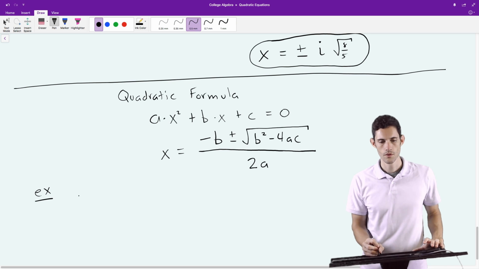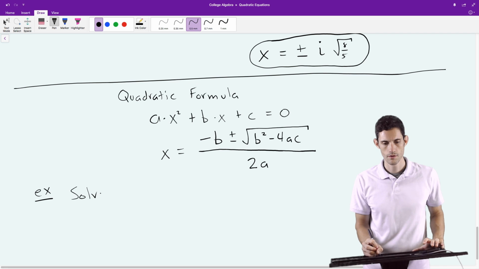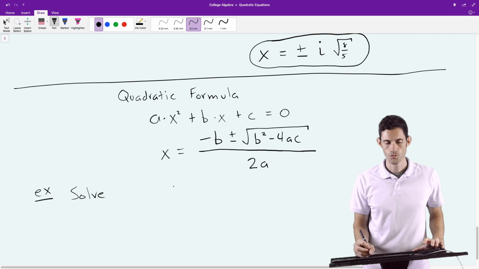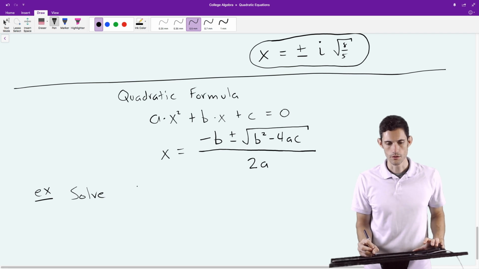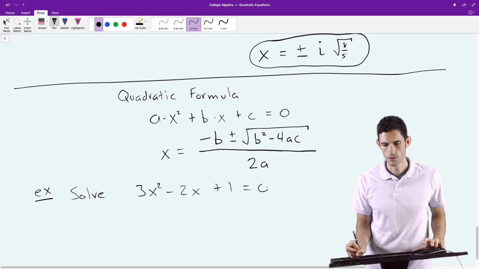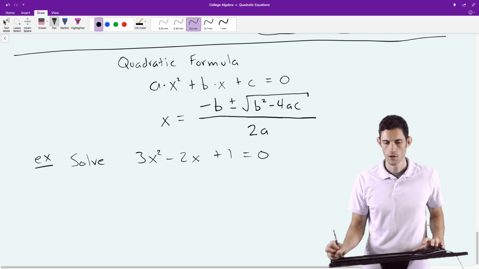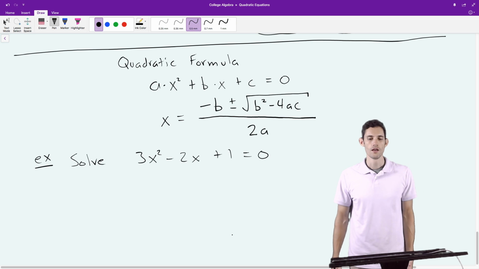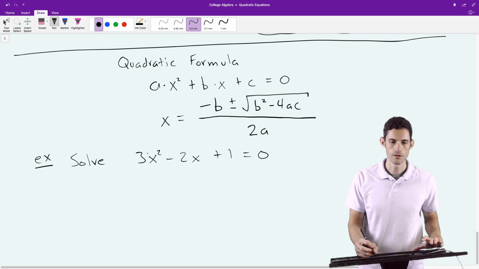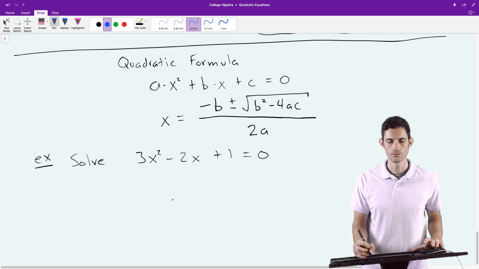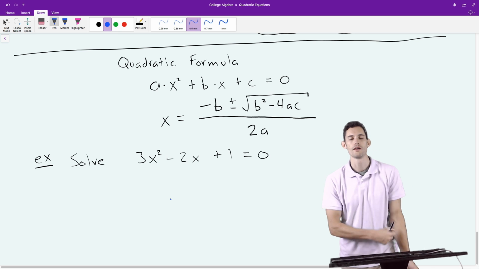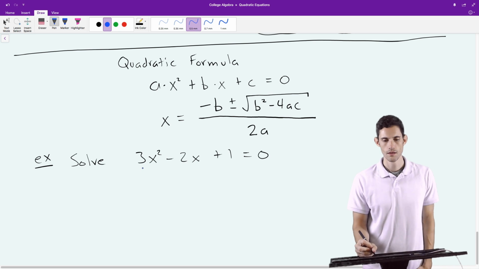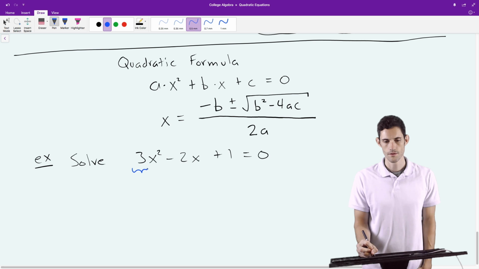For example, solve 3x squared minus 2x plus 1 equals 0. So I just need to identify the constituent parts of this equation and then just plug it into the formula. So let's identify. The number multiplying the x squared is my a.